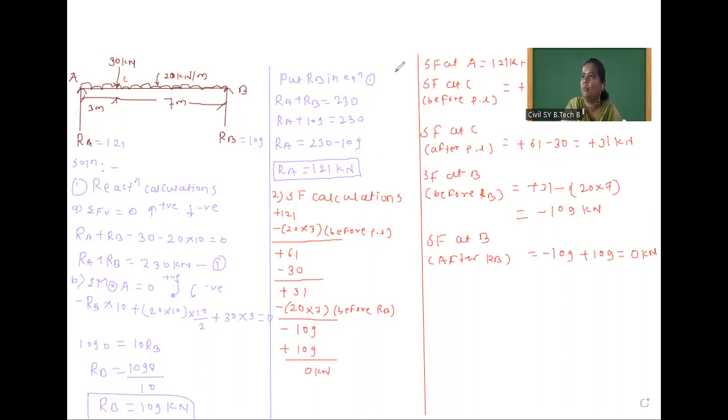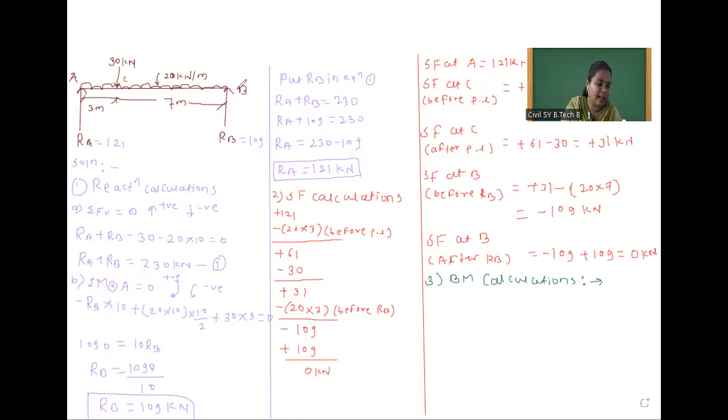Okay, then we will move towards the next step, that is the third step, bending moment calculations. We will start the bending moment calculation from this B point.